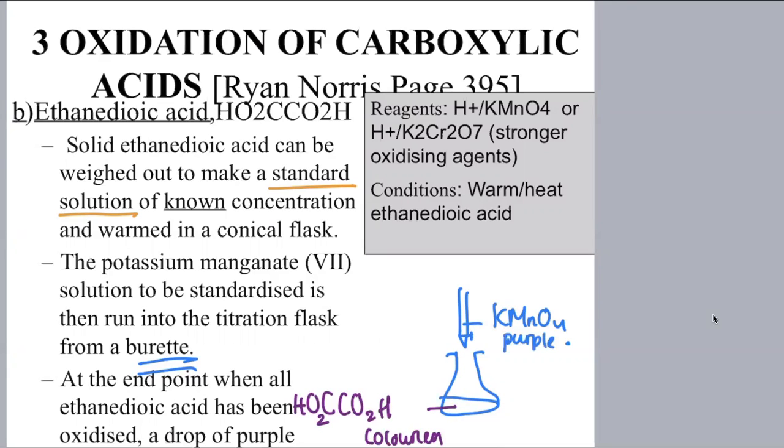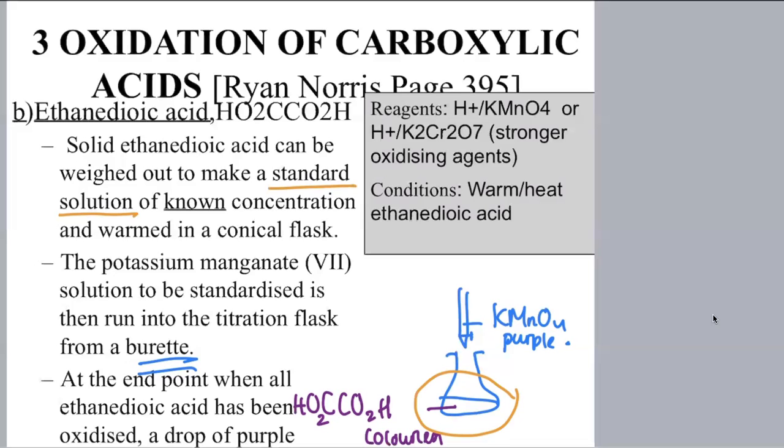So the color change, this is extremely important. When the question asks you for the color change, you have to look at the color change in the conical flask, not the color change of the potassium manganate, not anything else. It has to be the color change inside the flask, because when you do your titration, you're looking at the conical flask, right?